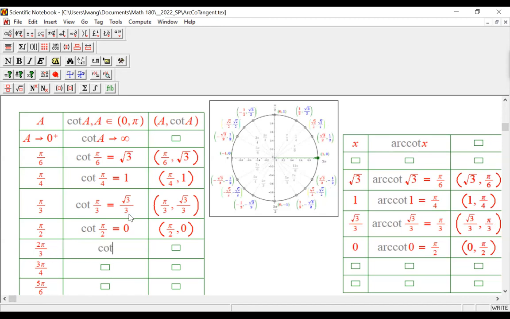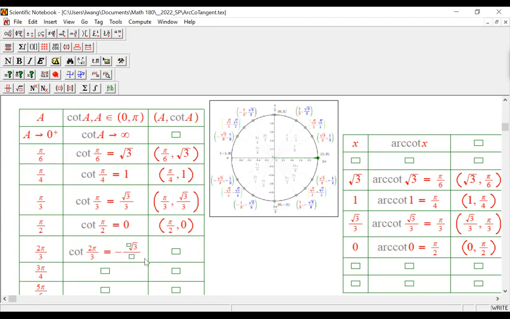Cotangent 2 pi over 3. And for that output, we take the red number divided by the blue number right here, and we're going to get negative root 3 over 3.